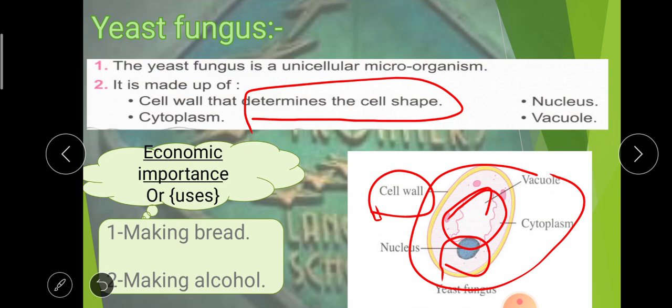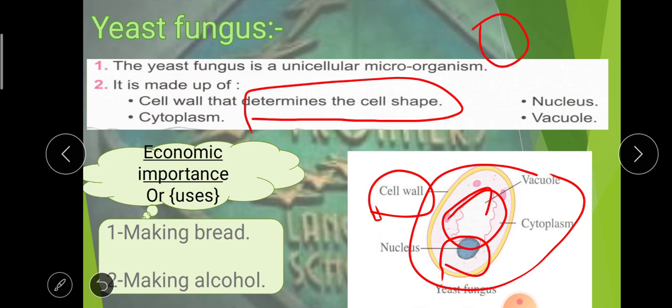This one cell can respire, grow, feed, and show all the properties of living organisms. The nucleus is also responsible for cell division.